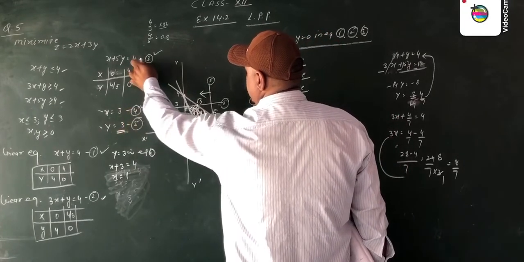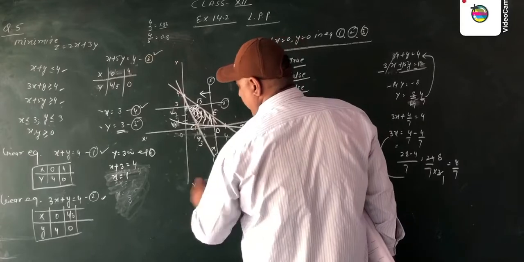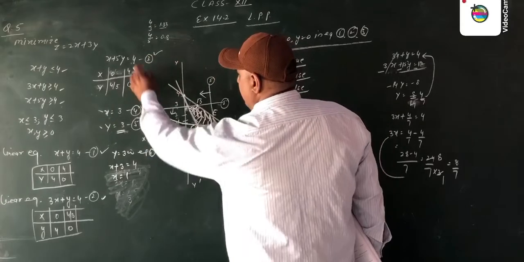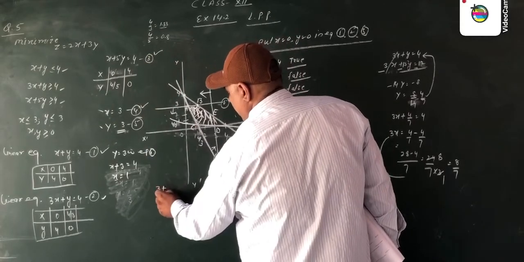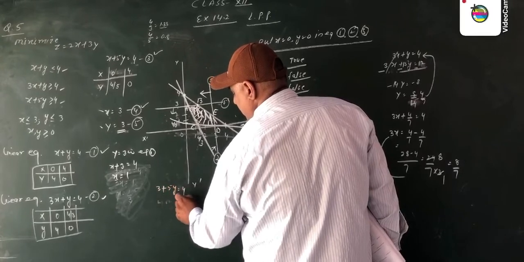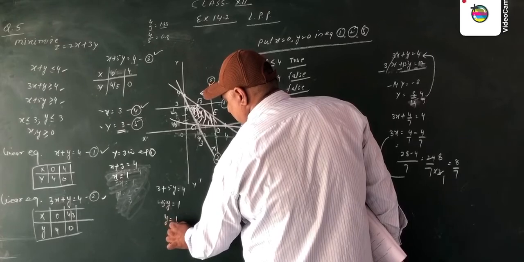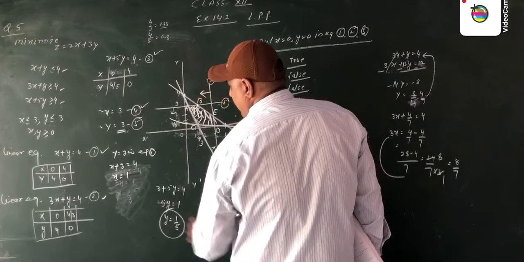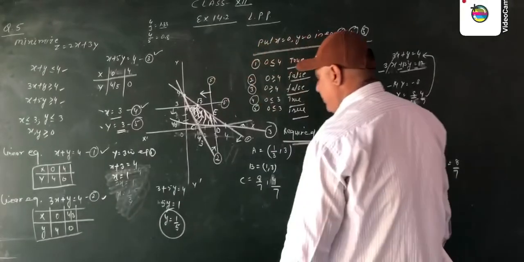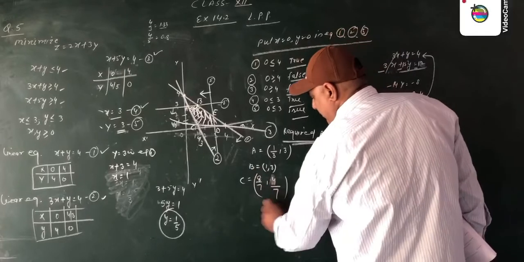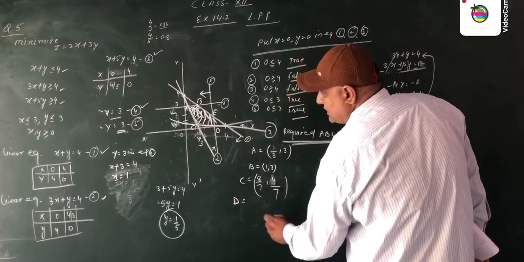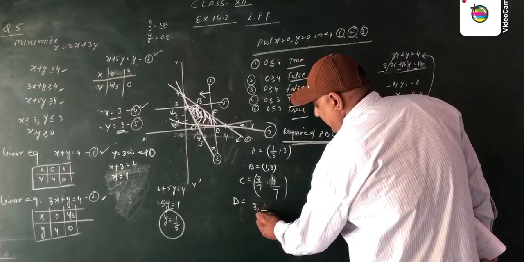We put x is equal to 3 in this equation to find the value of y. 3 plus 5y is equal to 4, 5y is equal to 1, y is equal to 1 by 5. This is y and this is x. This is the coordinate of D. Now the coordinate of D is (3, 1 by 5).